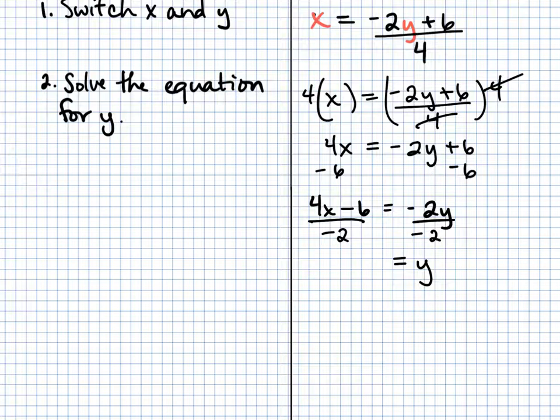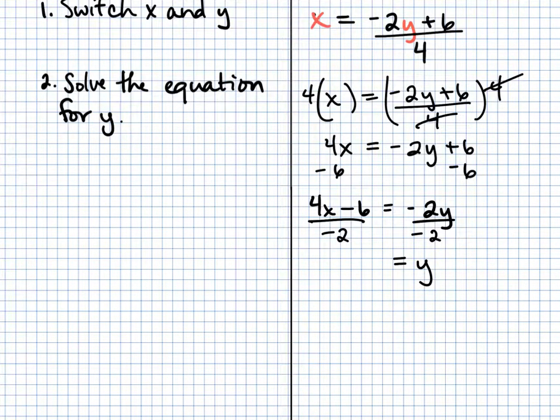So I can leave this just like this. And in some cases, it's much easier to leave it so that it's not simplified, because simplifying ends up with some really unpleasant fractions. In this case, however, both 4x and -6 are divisible by -2, so I'm going to go ahead and simplify that.